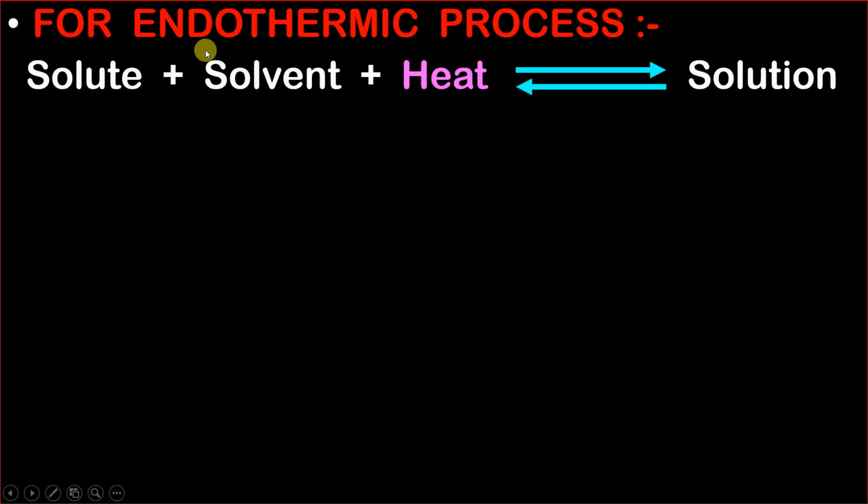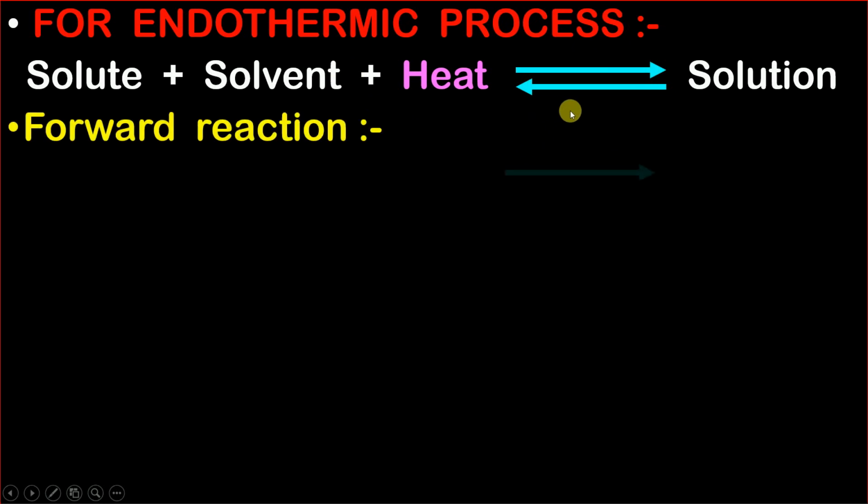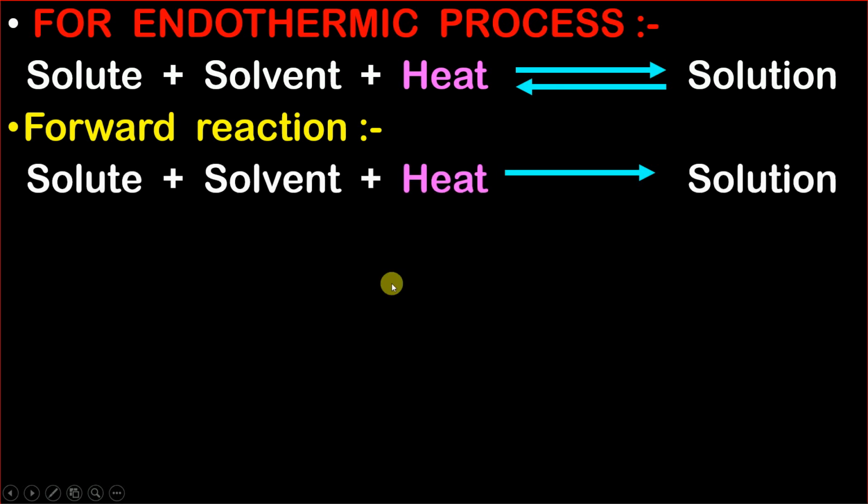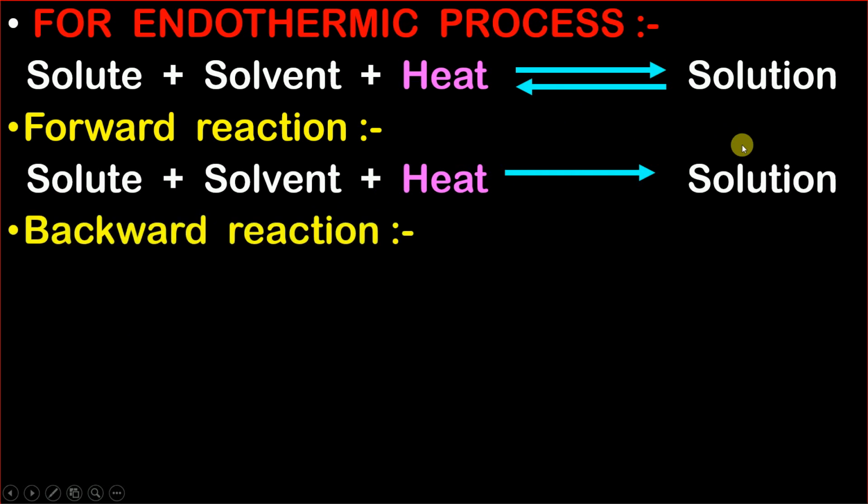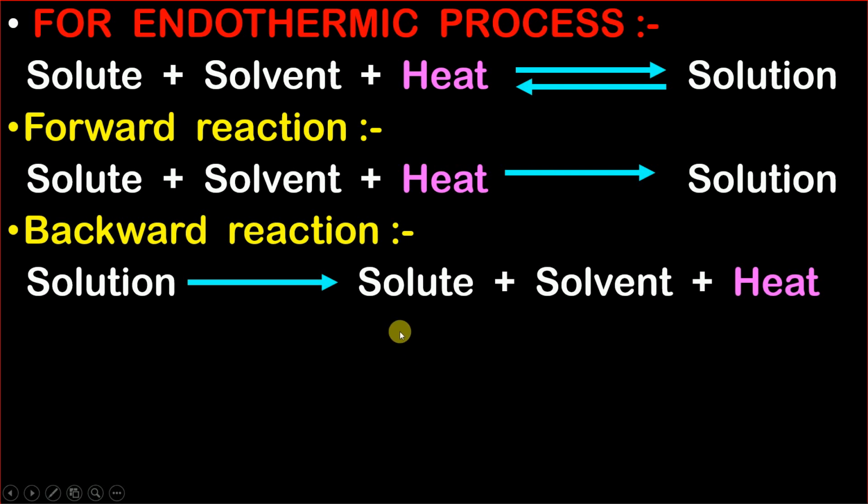Now, since this is a reversible reaction, it is going to have a forward reaction, which is solute plus solvent plus heat gives us solution, and the backward reaction is solution gives us solute plus solvent plus heat, as simple as that.